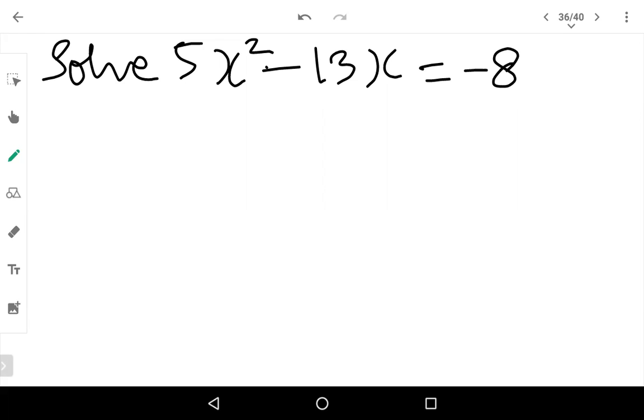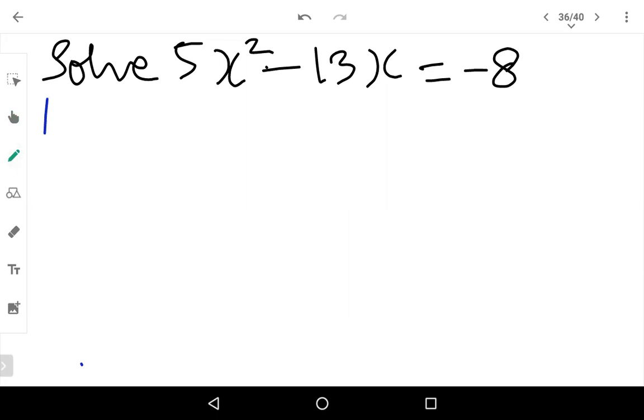Okay. So here is the next question. But this question is not in the form of ax square plus bx plus c is equal to 0. So if you see here, it is in a different format where the constant is outside. So you have to get this into the form of ax square plus bx plus c is equal to 0 and then you have to solve the problem. Okay. So first let us get it into the format.